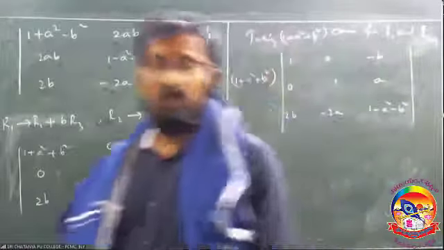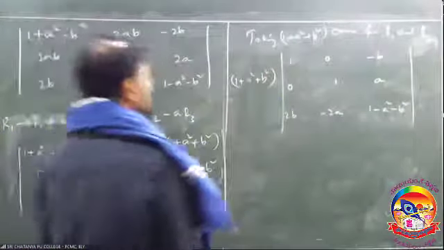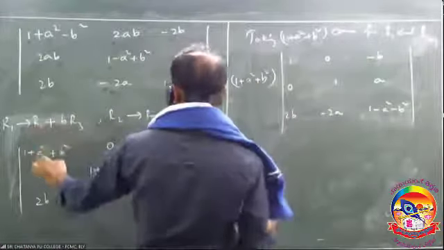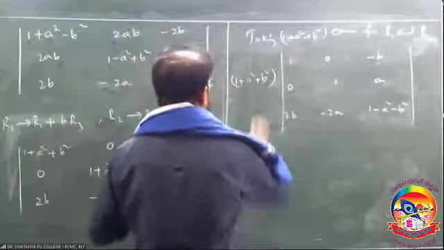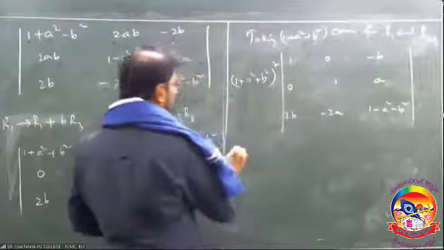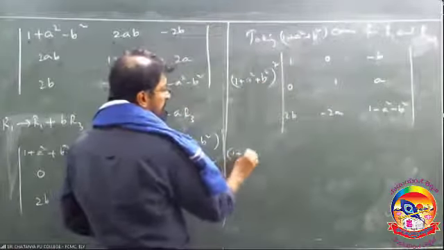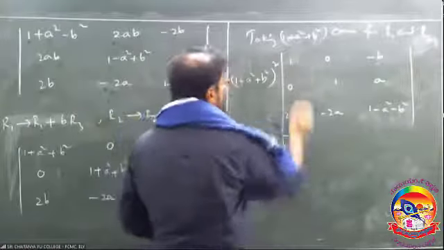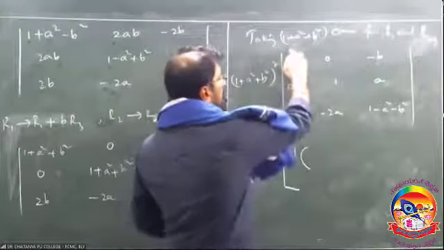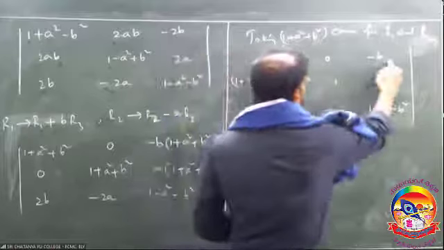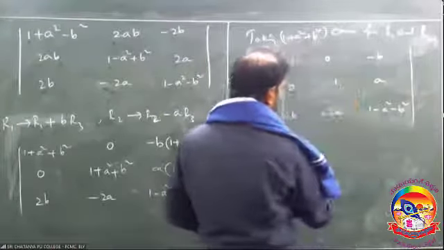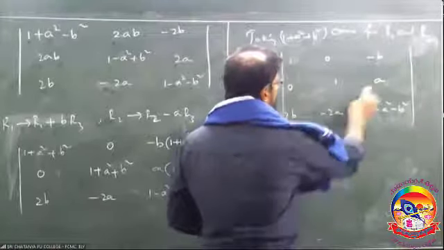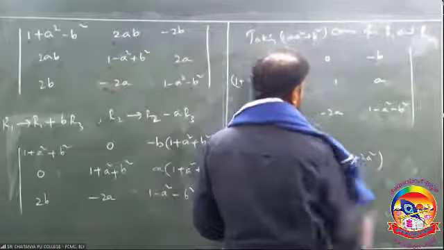Okay, now observe this one carefully. Just expand the determinant. Already from the first row you took this one out, so it becomes whole square. Now 1 plus a square plus b square whole square into 1 into, exclude this column and this row, and these two, 1 minus a square minus b square minus of minus plus 2a square.